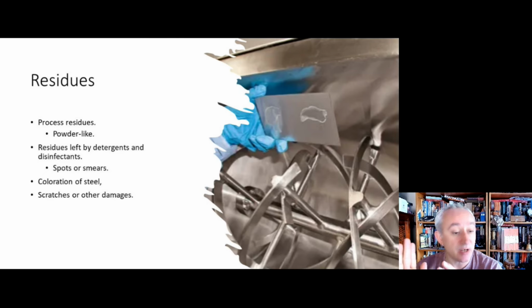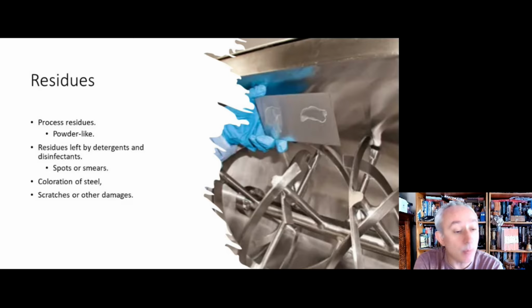Residues of the detergent can interfere with the disinfectant, or residues of the next disinfectant can interfere with the detergent or another disinfectant. These chemicals can all interact with each other, so when we get these residues, either we need to clean more effectively or we need to use a water rinse.